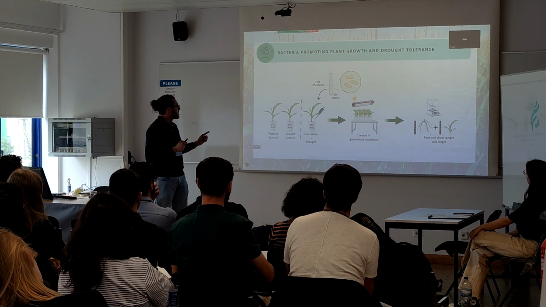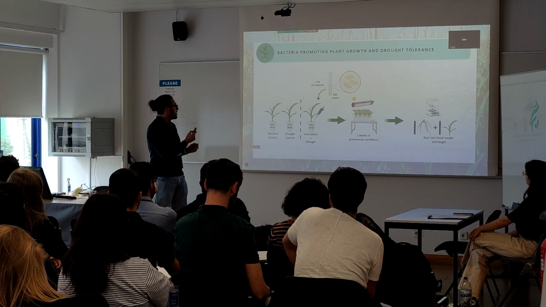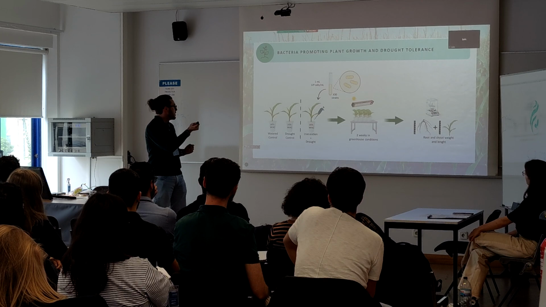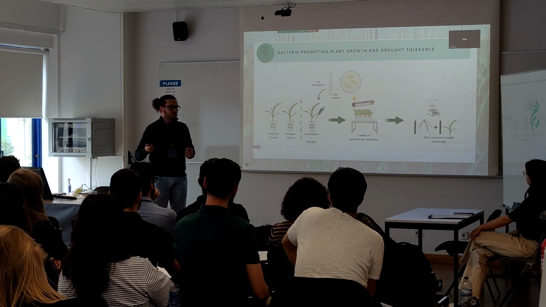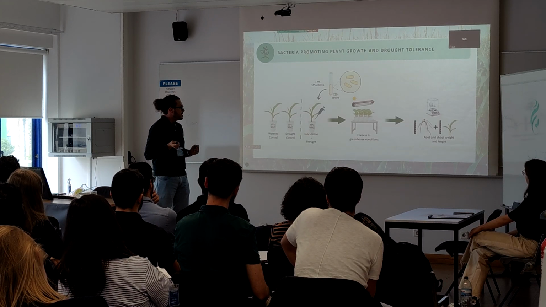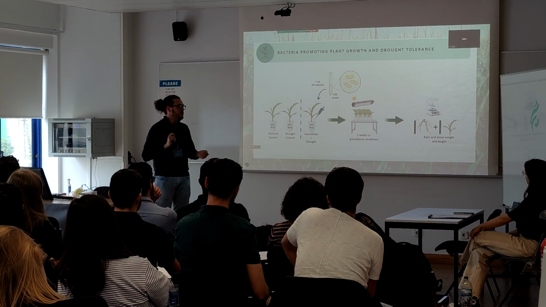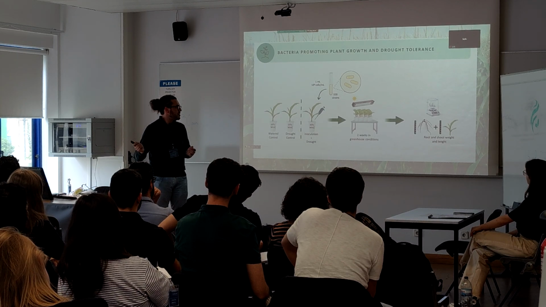For that, I selected maize as a plant model, and I subjected the maize to drought with a 35% of water holding capacity of the soil, and also I inoculated the 54 selected strains one by one in maize subjected to drought.